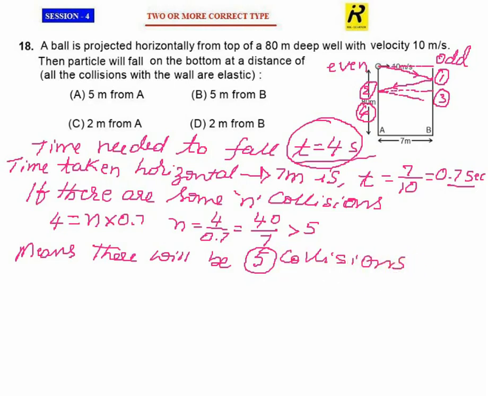There will be a maximum of 5 collisions before the fall. So the fifth collision happens on this side, here. The fifth collision is the last observed collision. So finally, the ball will go and fall somewhere here.